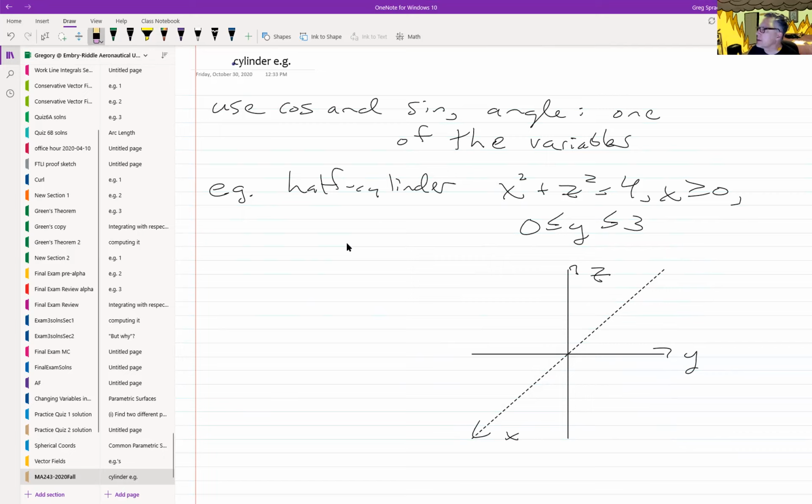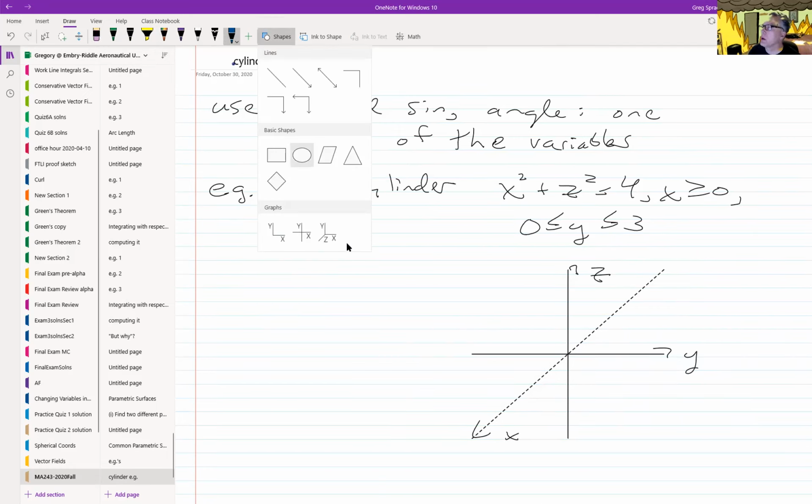So the circle has radius 2. It wraps around the y-axis, but we want the front half, and y only goes from 0 to 3.